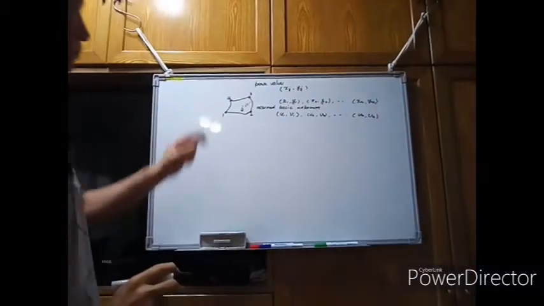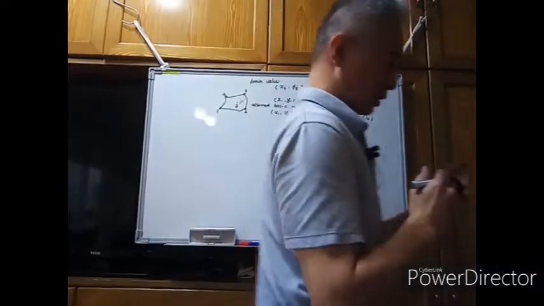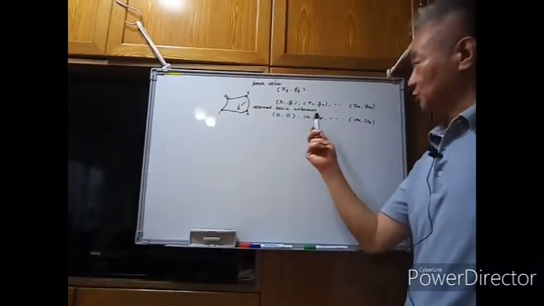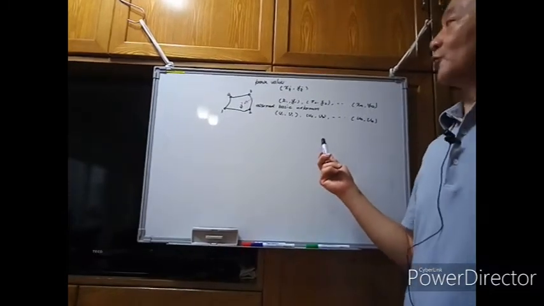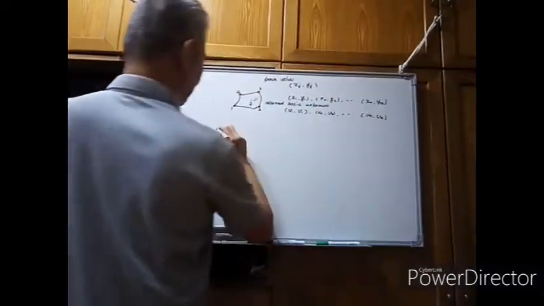Okay, so we know the xj, yj, we know the x1, y1, x2, y2, and we have the assumed u1, v1, u2, v2 until the u4, v4.